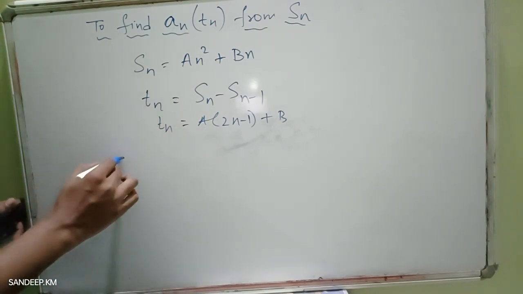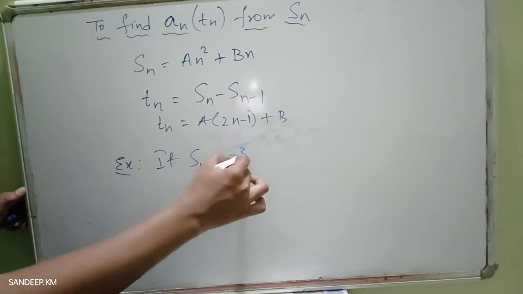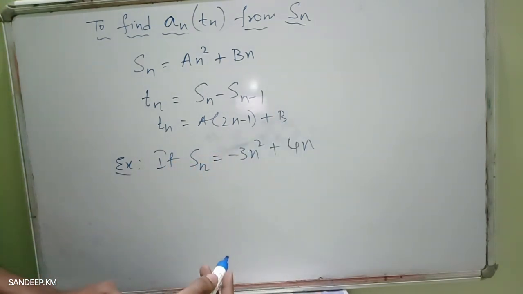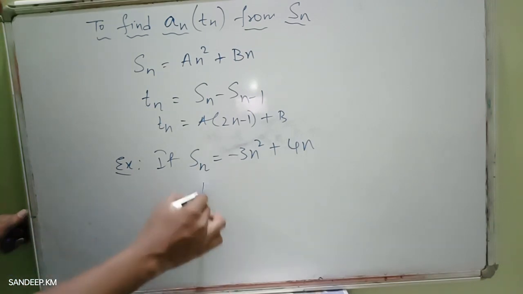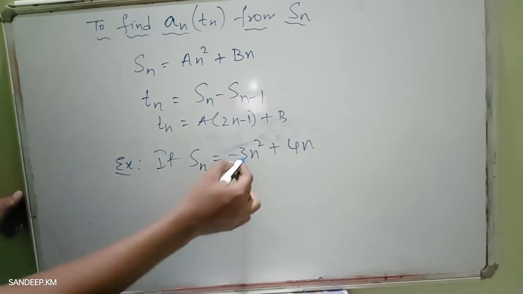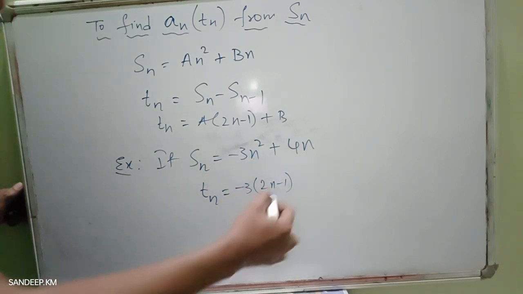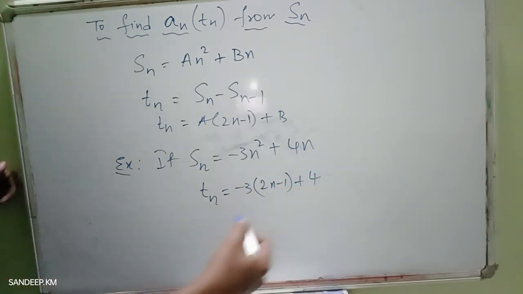For example, if Sn is equal to minus 3n square plus 4n, then the sequence formed will be an AP, and its nth term is given by: keep minus 3 as it is, replace n square with 2n minus 1, and 4n will be written as 4.